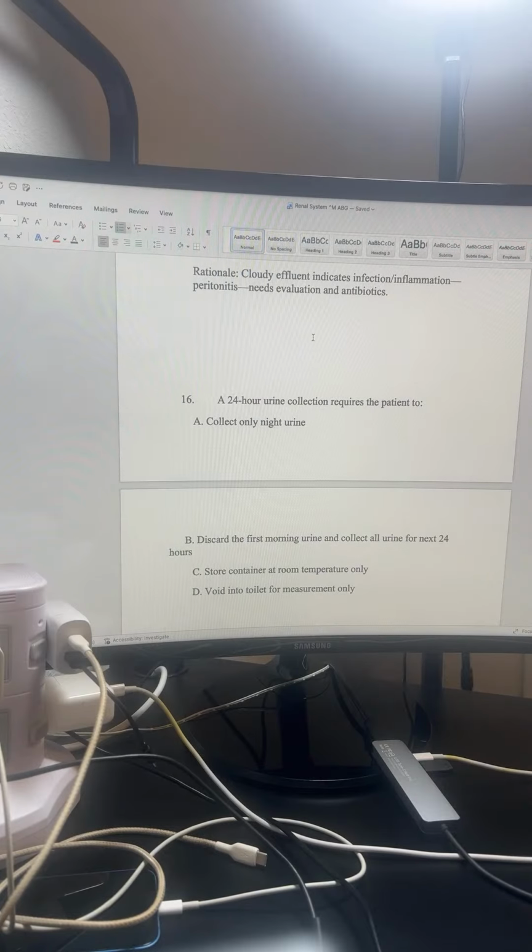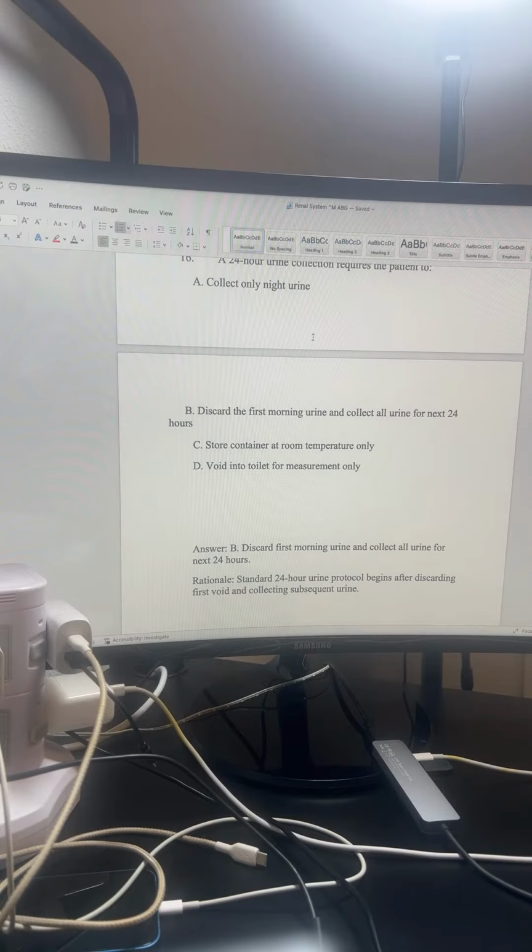All right, so B, discard the first morning urine and collect all urine for the next 24 hours. Why are we discarding the first urine? Diluted, contaminated. Okay.